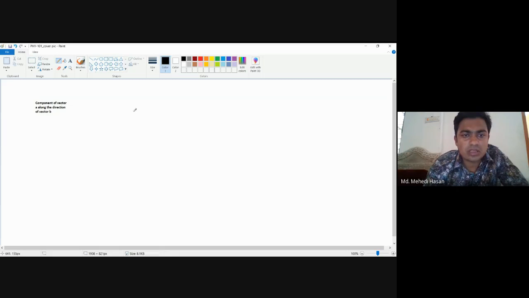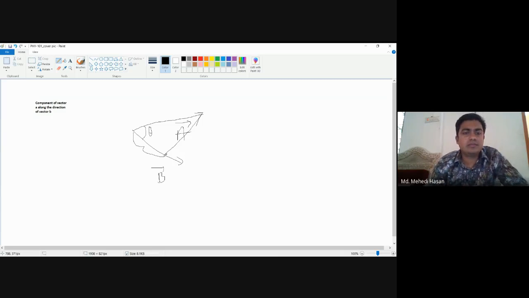So if we draw the vectors, say this is vector A, and here is vector B, and the angle between these two vectors is theta. Now if we draw a perpendicular line from vector A to vector B, then this part will be A cos theta.